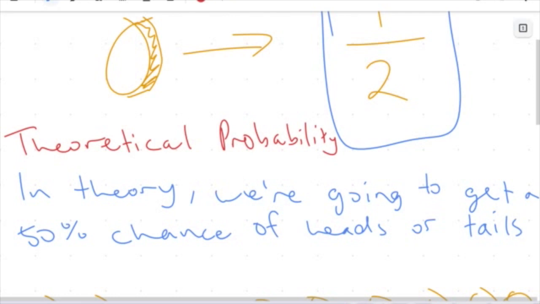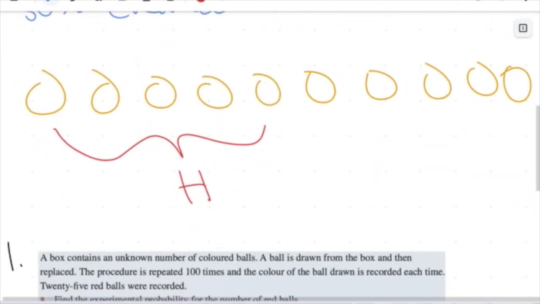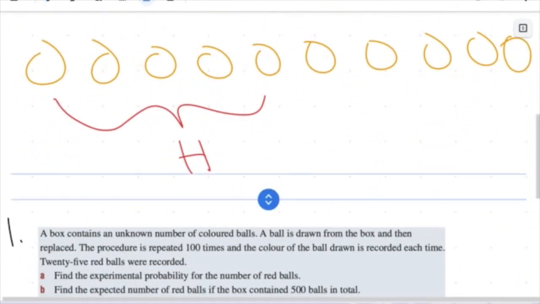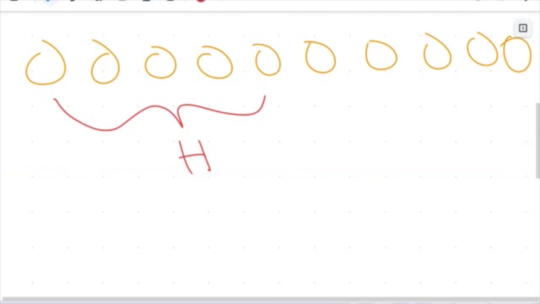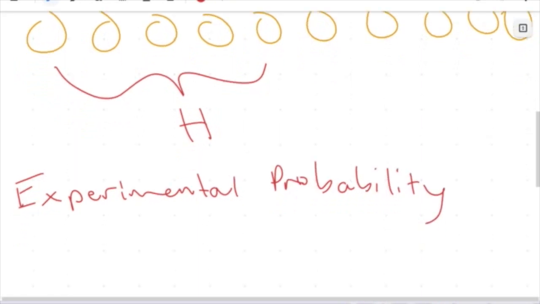Now, where experimental probability comes in, so let's drag this down. What our experimental probability tells us is, if we actually went and flipped 10 coins, how many heads are we going to get?